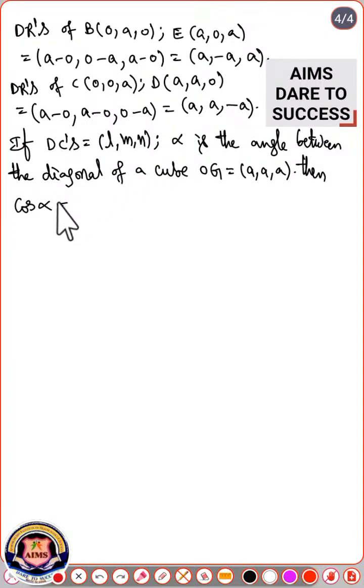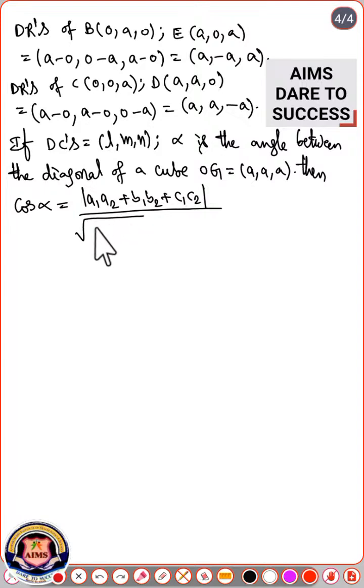So cos alpha is equal to mod of A1 A2 plus B1 B2 plus C1 C2, whole divided by under root A1 square plus B1 square plus C1 square, into root over A2 square plus B2 square plus C2 square.